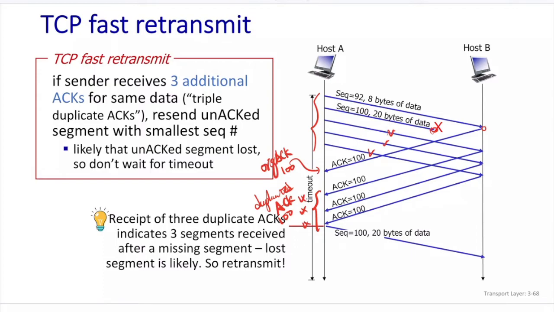Think about one thing: most of the time those packets are sent in a pipeline way, so it is a little bit hard to lose only one packet within a pipeline.